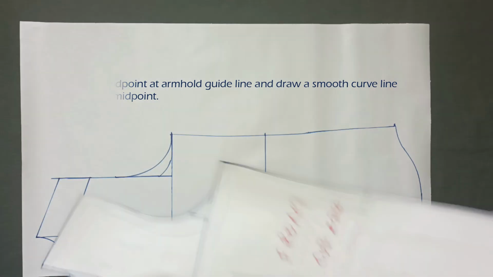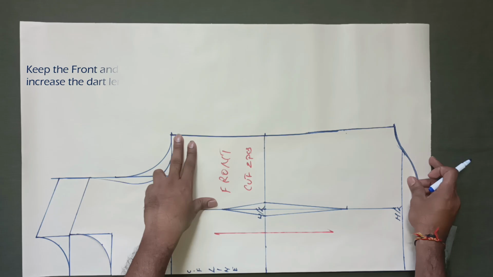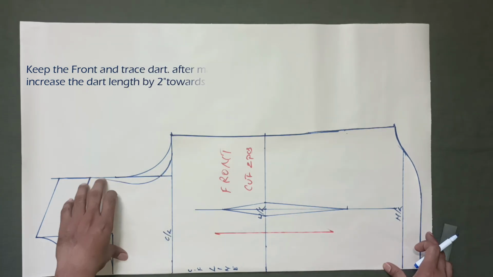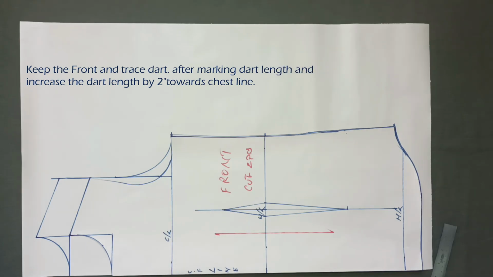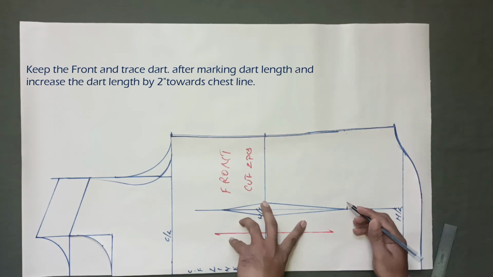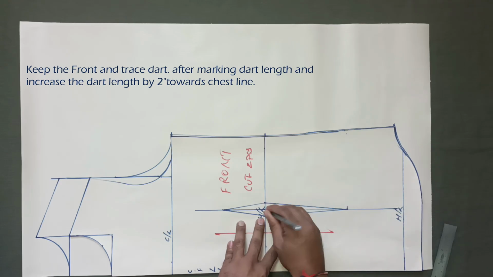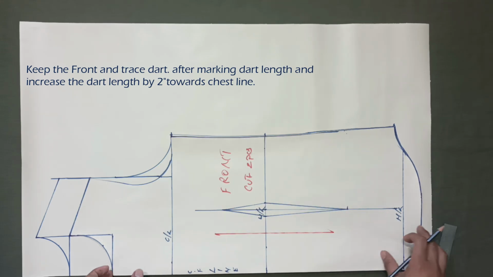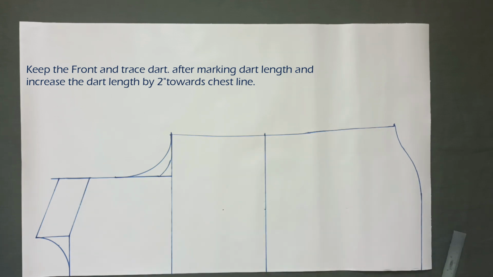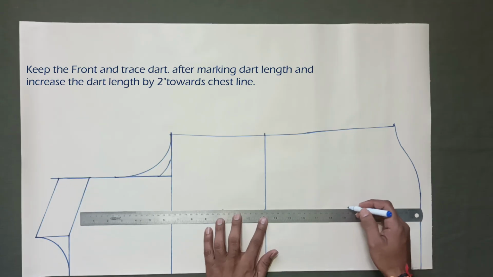And now again keep the front pattern. Mark the dart points. To mark the dart points, use any sharp object, or you can use a pencil or a pen. Once the dart points have been marked, draw the dart lines first.